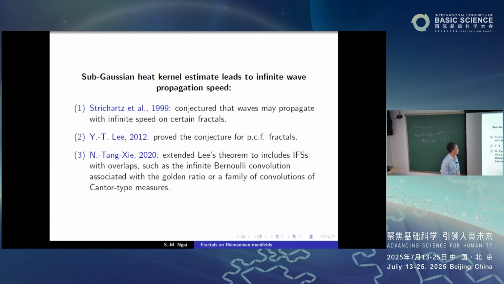So using this and the sub-Gaussian heat kernel estimate, we can prove that the wave propagates with infinite speed on the unit interval, if we use the Laplacian defined by the infinite Bernoulli convolution associated with the golden ratio.